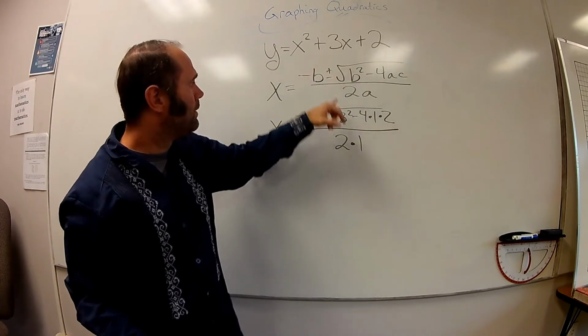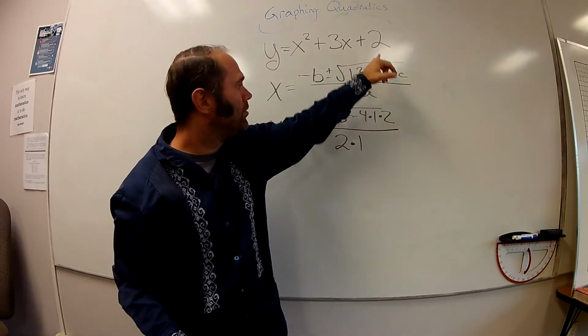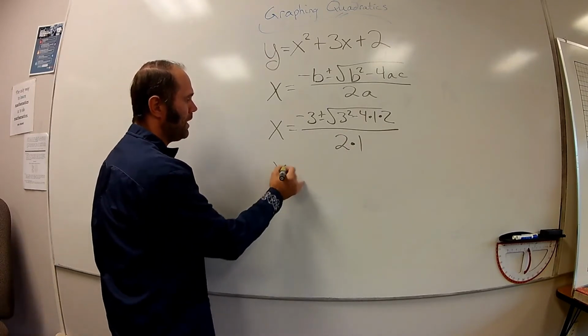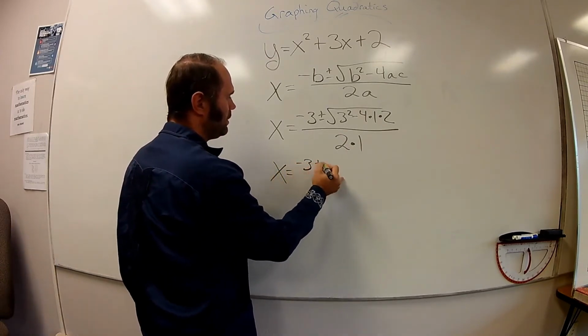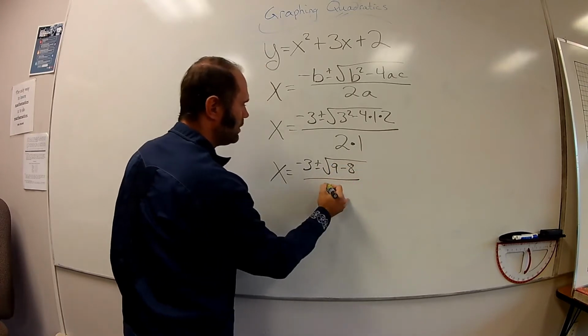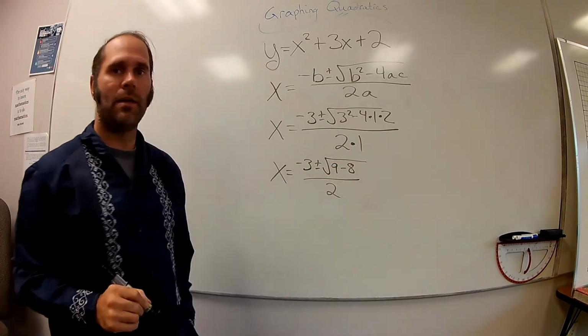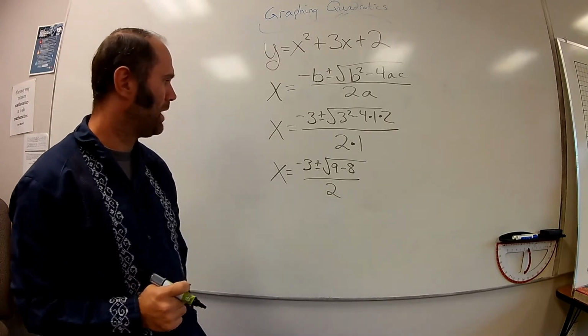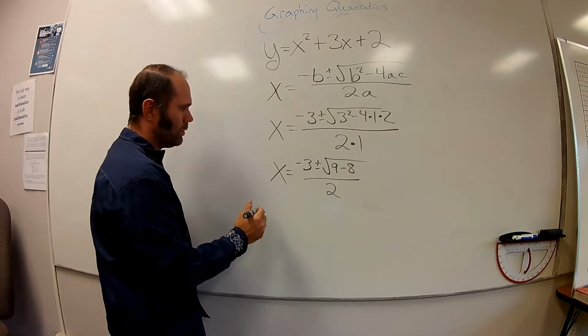B is 3, and c is 2. So there we go. We're going to simplify. And there we got x equals negative 3 plus or minus the square root of 9 minus 8 over 2.